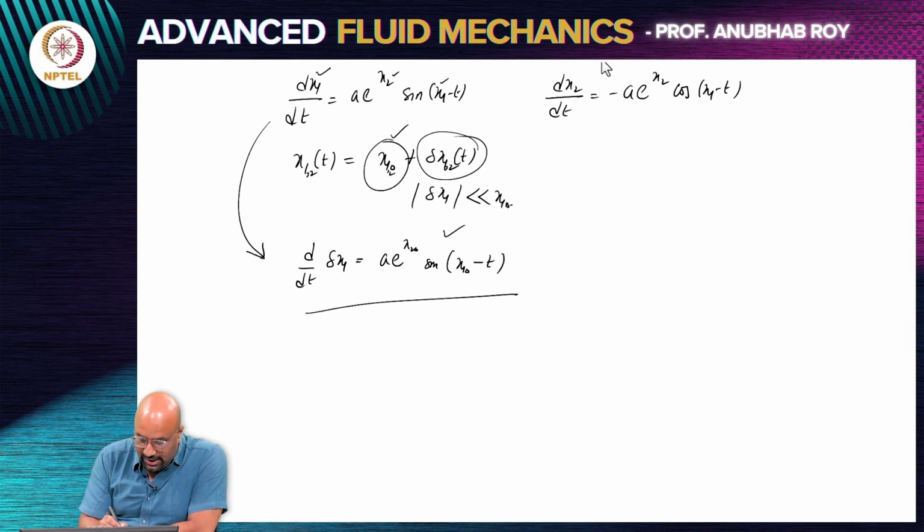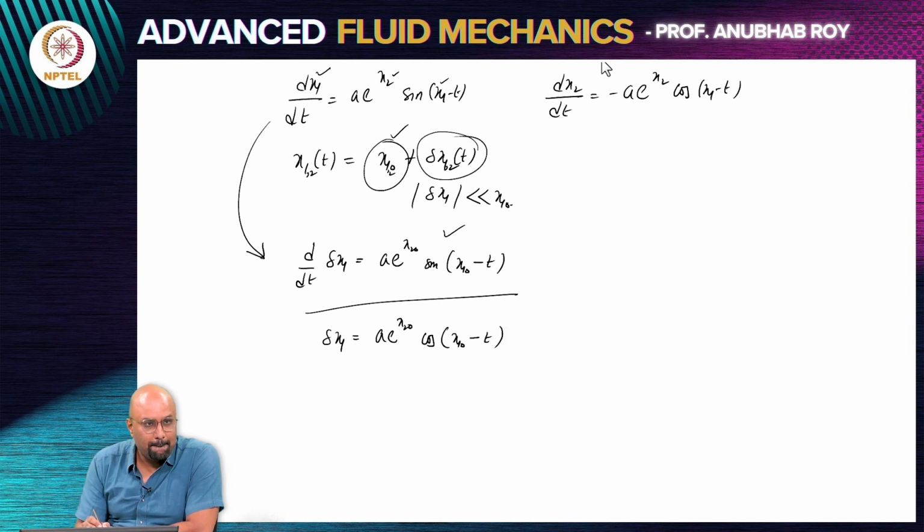So now if you integrate this equation for delta x1, and we have been doing something like this, x2 of 0, I'll get cos(x1 naught minus t). This is what I'm basically going to get as a solution, with some constant.